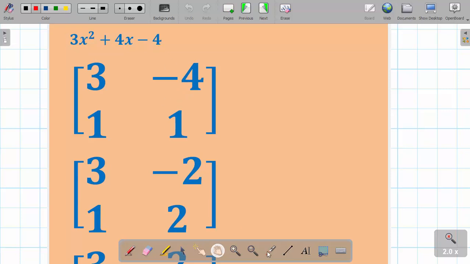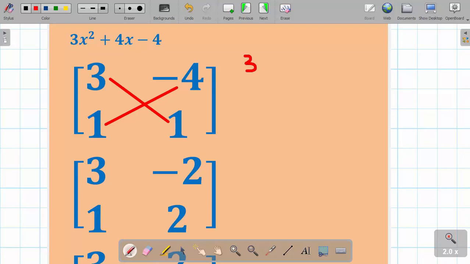Then what comes next is the cross. I cross 3 times 1 and 1 times negative 4. Now talk to me, somebody. What is 3 times 1? It is 3.